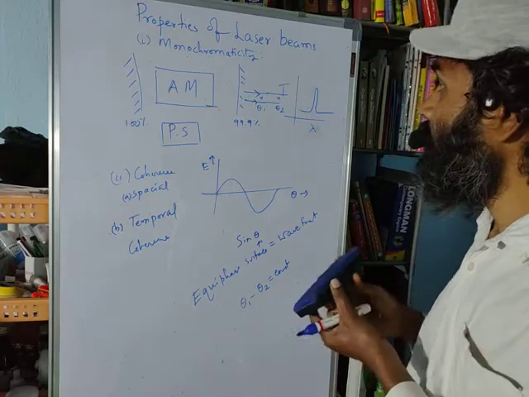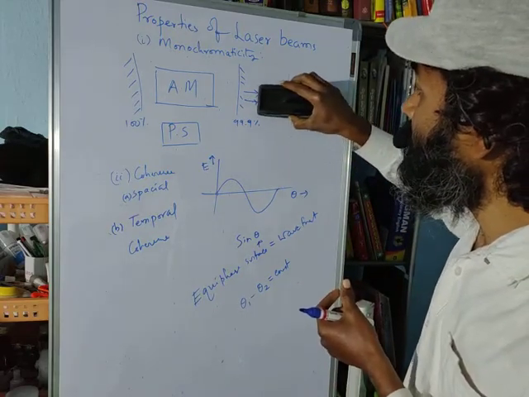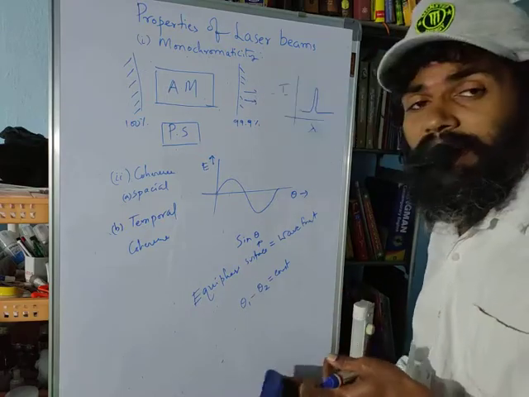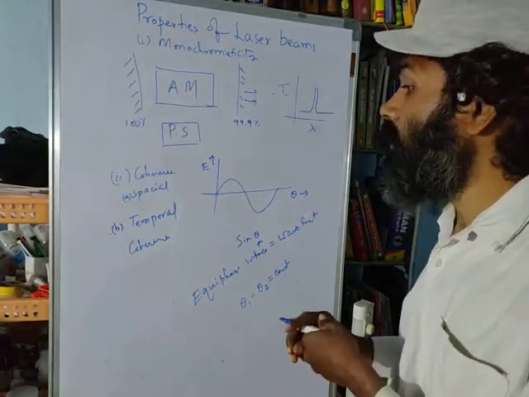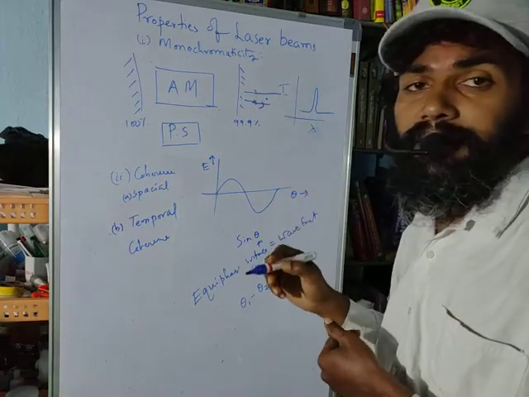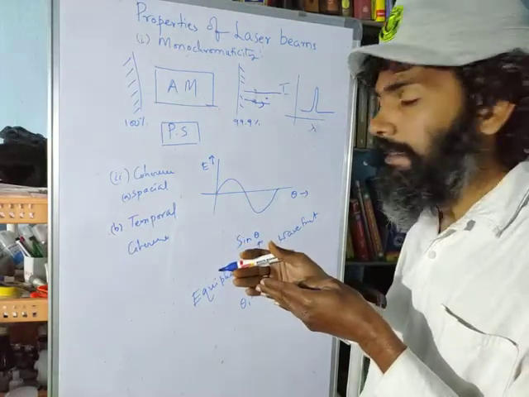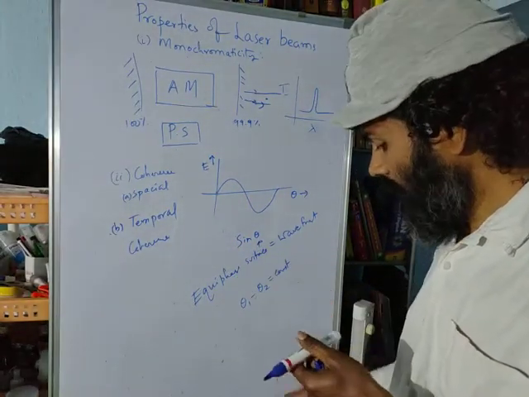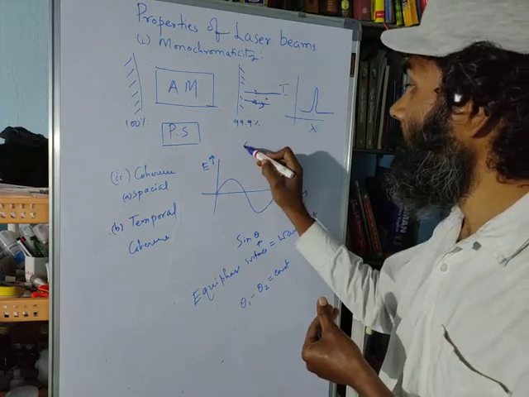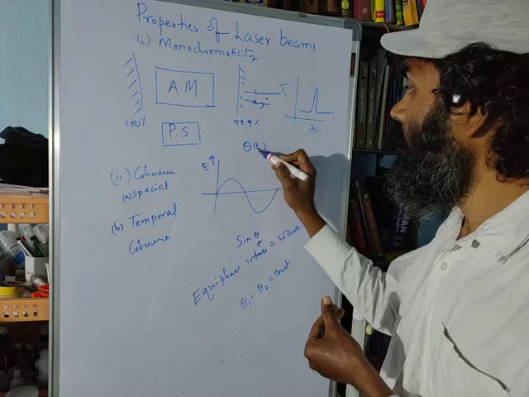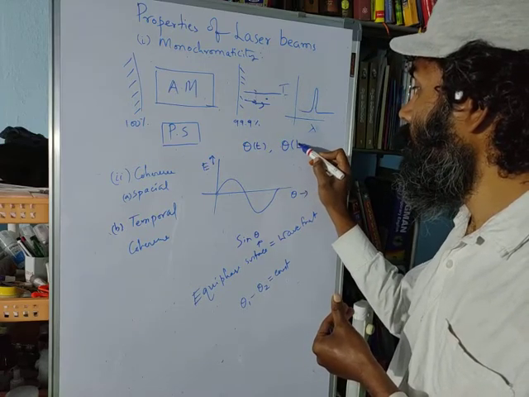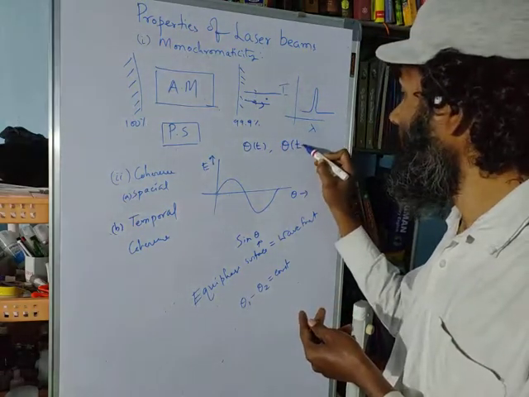So for the case of spatial coherence, we have taken two different points in space. Now for the case of temporal coherence, we only take one point in space, and at that point we consider the phases at two different times. First one could be theta at time t, and second one could be theta at time t plus some tau.